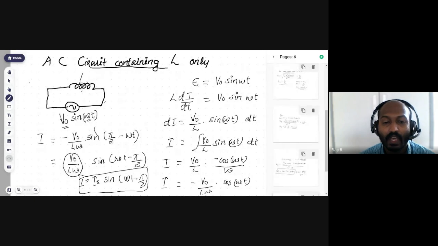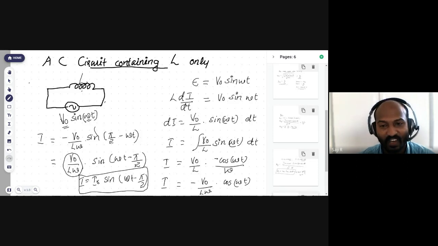Omega t is the phase of voltage, and omega t minus pi by 2 is the phase of current. It means the current is lagging behind the voltage by a phase of pi by 2. That is important. Current is lagging behind the voltage by a phase of pi by 2.